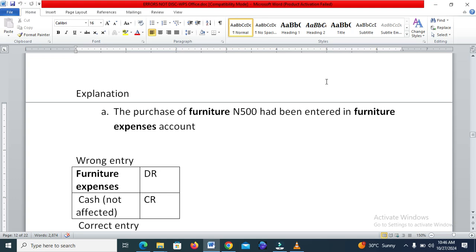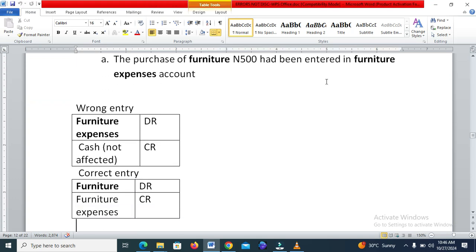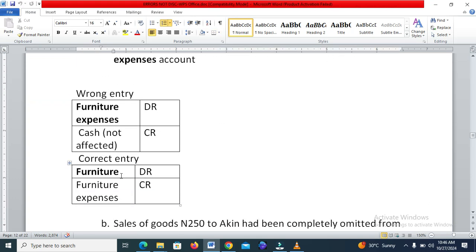The furniture expenses account was debited, right? To correct this kind of transaction, all you need to do is to what? Debit the furniture account and credit the furniture expenses account. That is just the explanation of it, and that can be done by recording it into the journal proper.